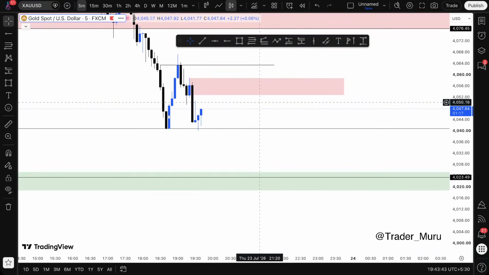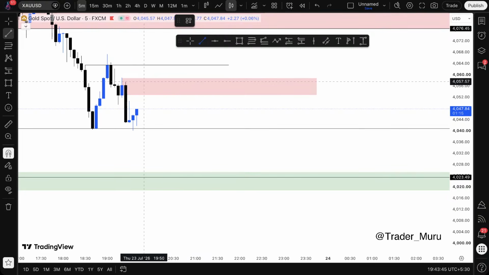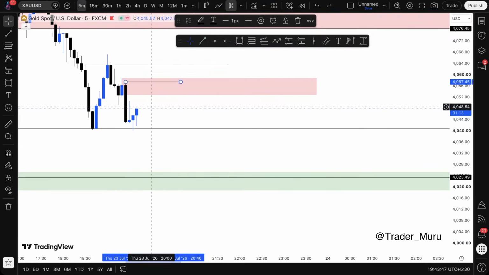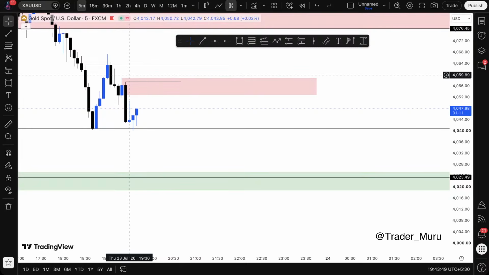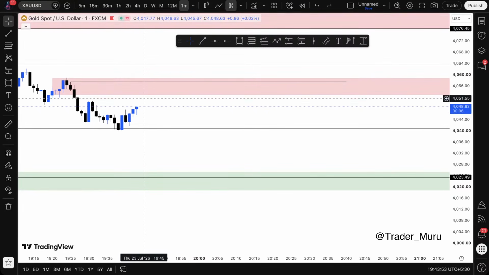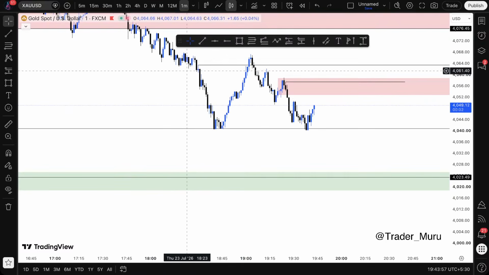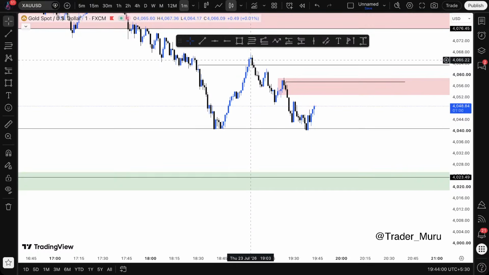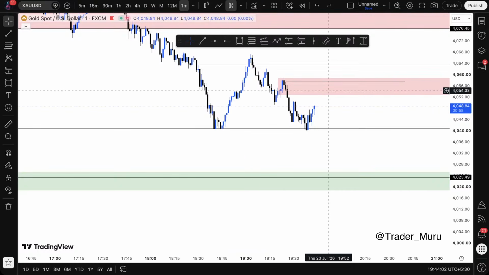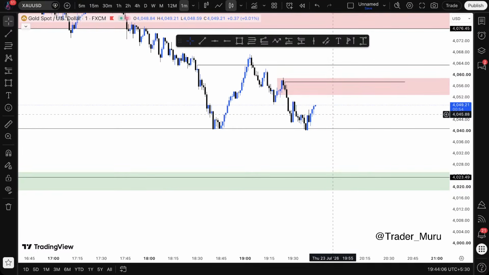And what would be the confirmation? The testing candle should not close above this high. After testing this high, price should change its direction in the 1-minute time frame. Same as what we did here after the 15-minute close and 5-minute momentum change. Same thing will happen here: 5-minute test and 1-minute momentum change.